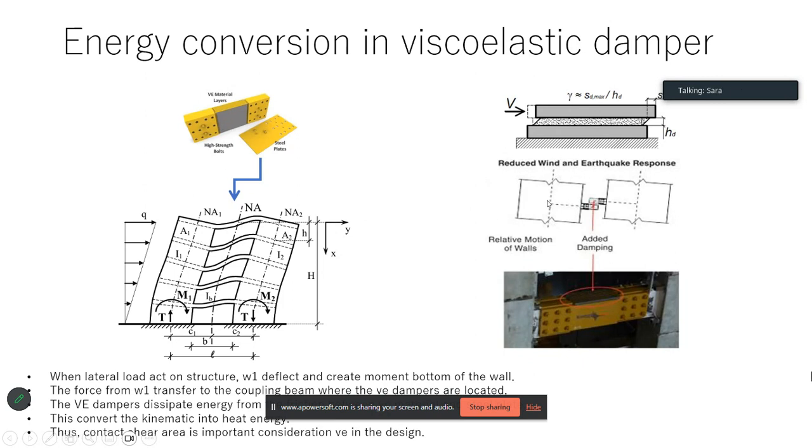The viscoelastic damper dissipates energy through the friction between the viscoelastic material and the steel plate. This friction converts the kinetic energy into heat energy, so the contact shear area is an important consideration in this damper design.